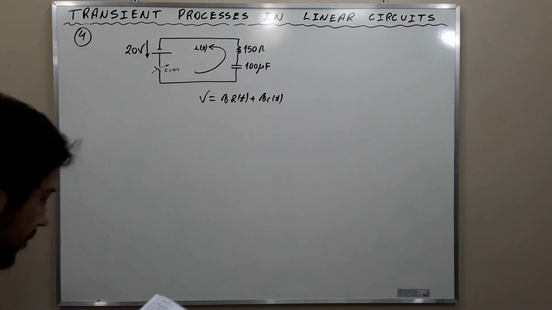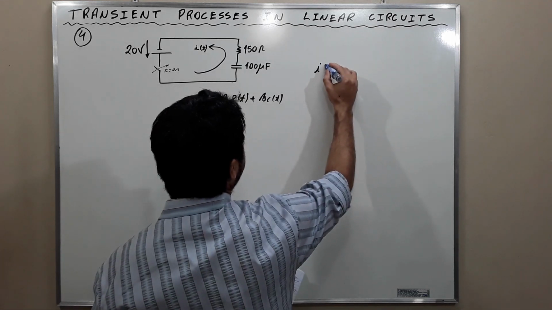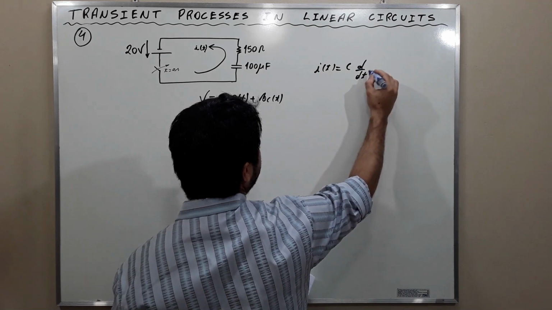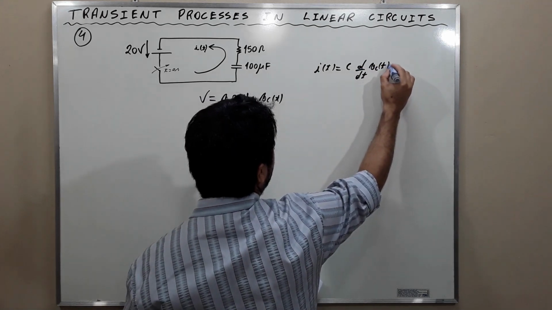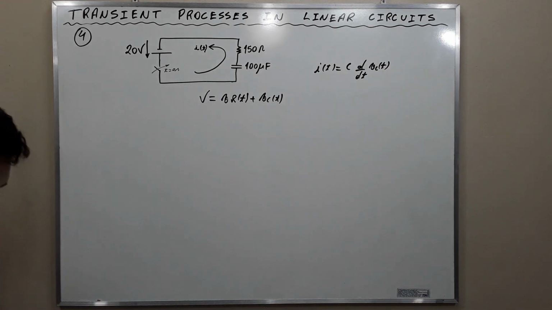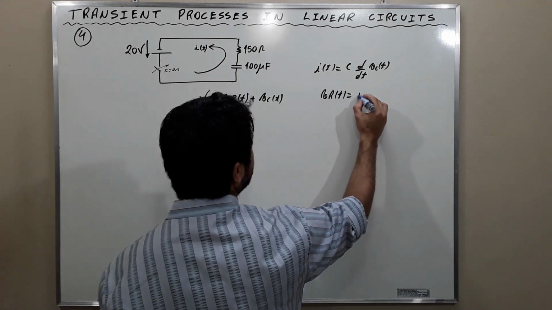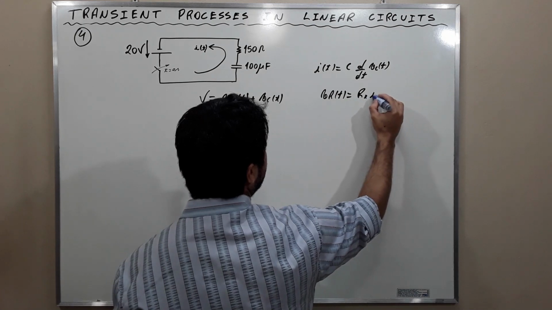Okay? For a capacitor, we know that I of t is equal to C times the derivative with respect to time of the voltage. As there is a capacitor in the circuit, its characteristics will determine current behavior. Then we are going to describe the current in terms of the characteristics of the capacitor. We know that for a resistor, VR of t is equal to R times the current.